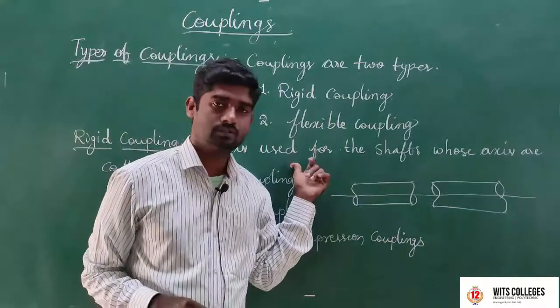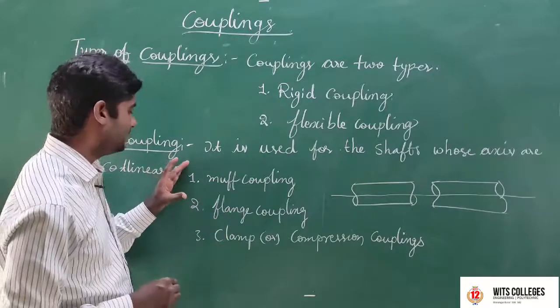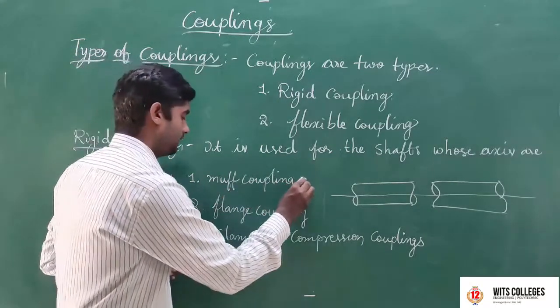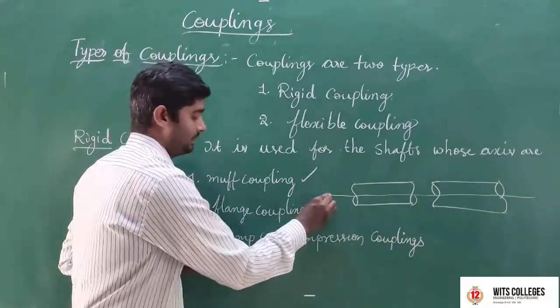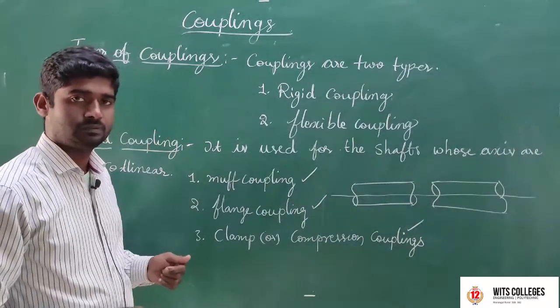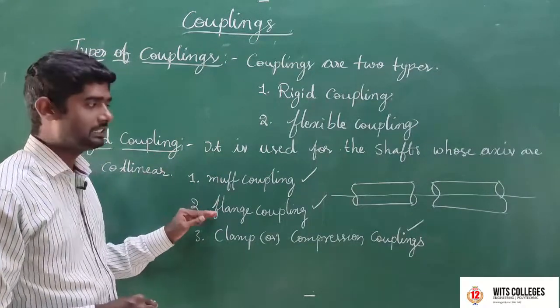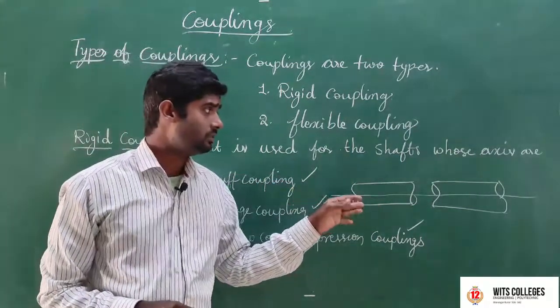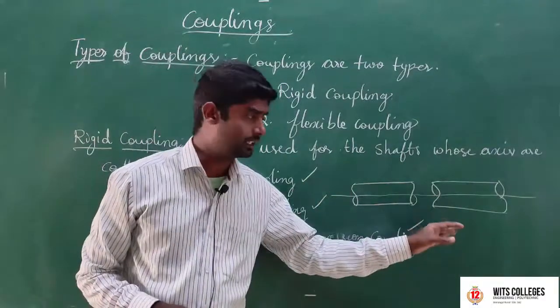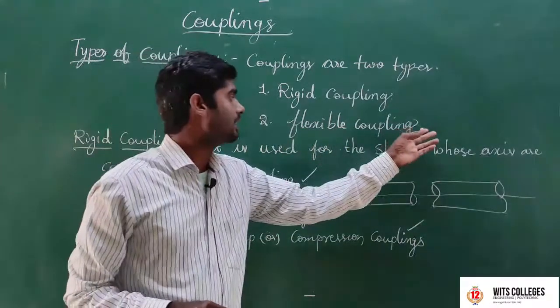Rigid couplings are divided into 3 types: muff coupling, flange coupling, and clamp and compression couplings. These 3 are important rigid couplings, used for shafts whose axes are collinear.